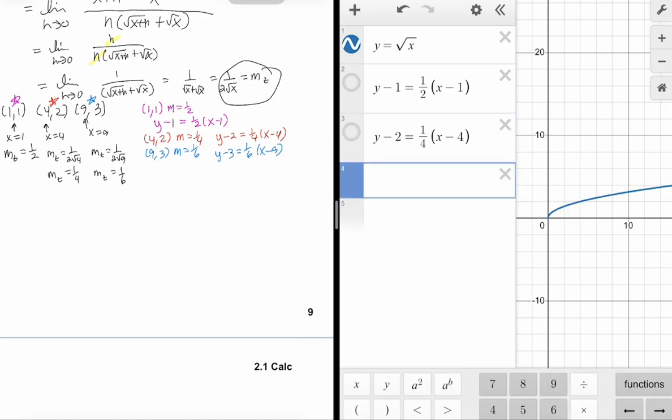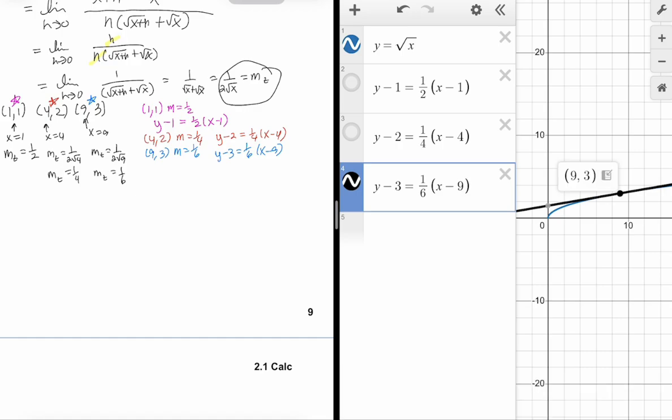And then finally, our last one was y minus 3 equals 1/6 times the quantity of x minus 9. That's not what it says. X minus 9. You'll see it hits the function at 9, 3. It skims across it perfectly. It is a tangent line there.